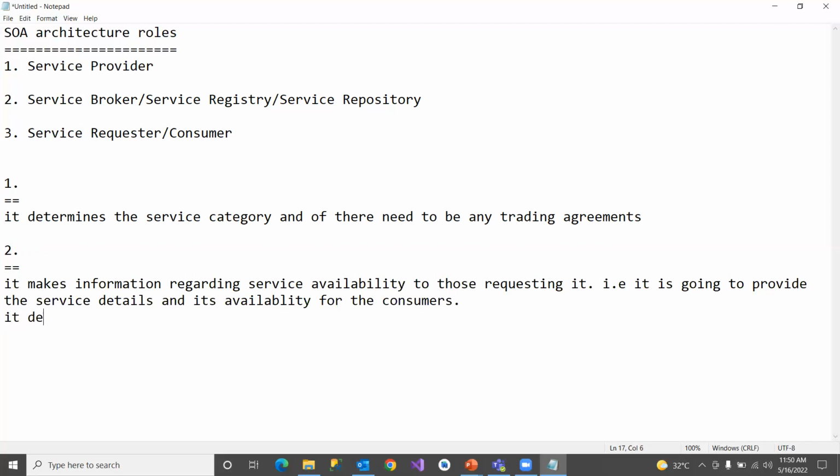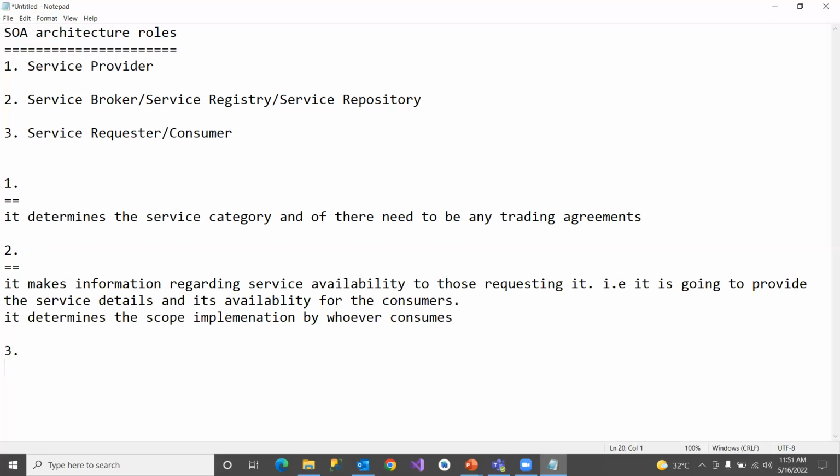So it determines the scope of implementation by whoever consumes.